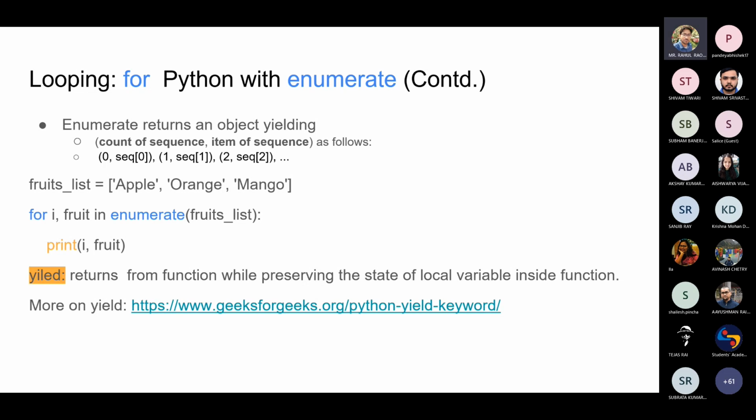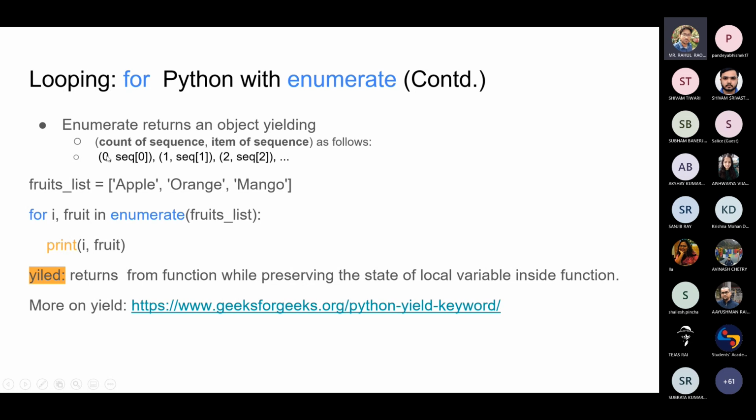Enumerate returns an object. What is an object? We will see in the upcoming section when we discuss the class. So enumerate returns an object, yielding a tuple. Each part of the tuple is the count of the sequence and the item of the sequence as follows. So here 0 sequence 0, 1 sequence 1, 2 sequence 2, like that.